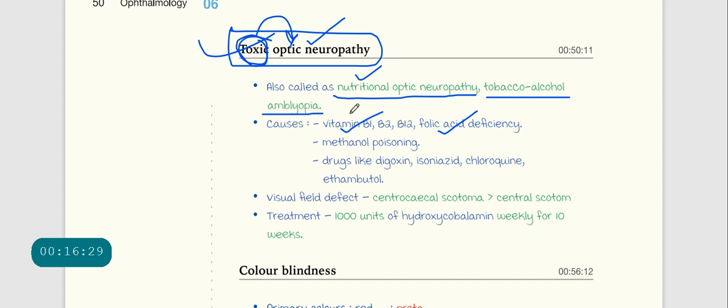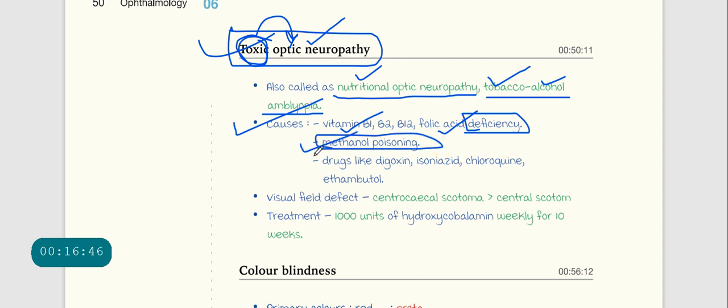So what are basically the causes? First is the deficiency of these vitamins. Then comes methanol poisoning, a point you have studied in pharmacology. What drugs can cause this? Digoxin, isoniazid, chloroquine, the important one for now, and ethambutol.